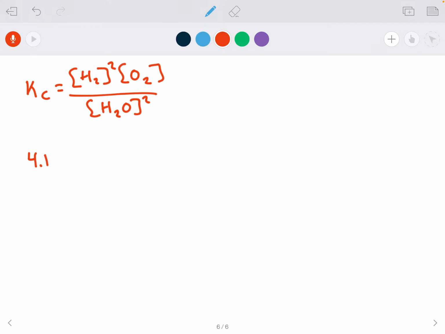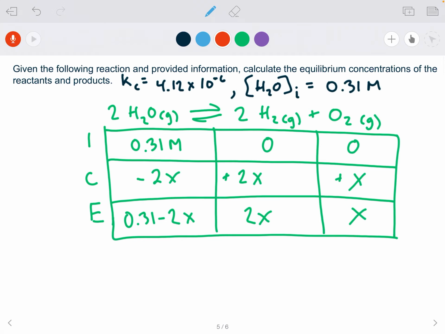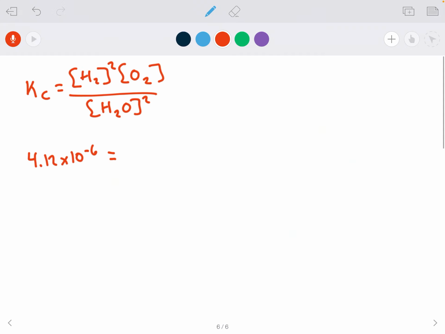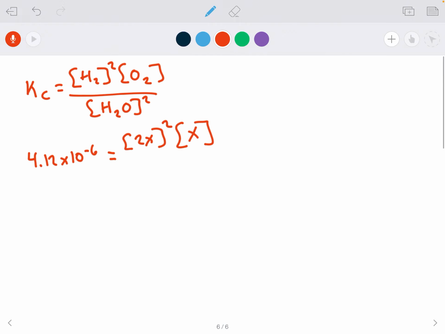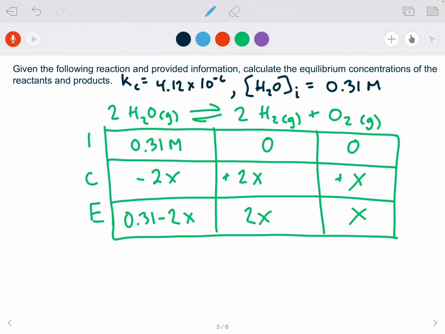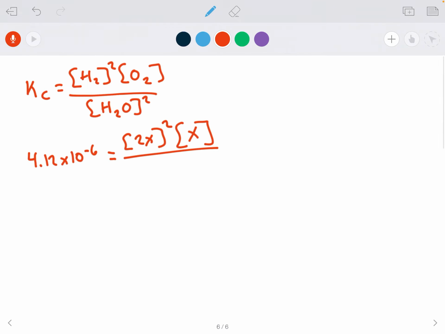Kc is 4.12 times 10 to the minus 6th. H2 at equilibrium is 2x squared. The concentration of O2 is x. And then the concentration of H2O is 0.31 minus 2x.